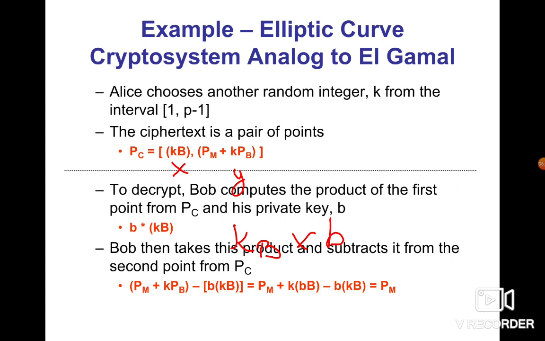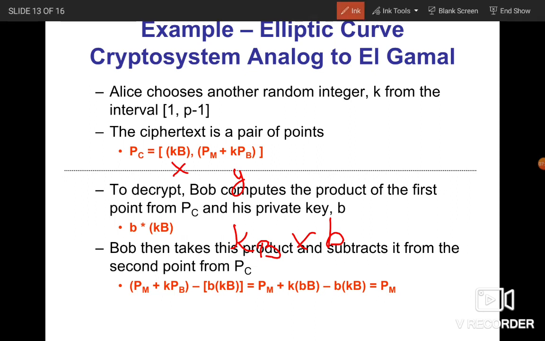After that, Bob takes this product and subtracts it from the second point from PC. The second point is PM plus kPB, minus the product.